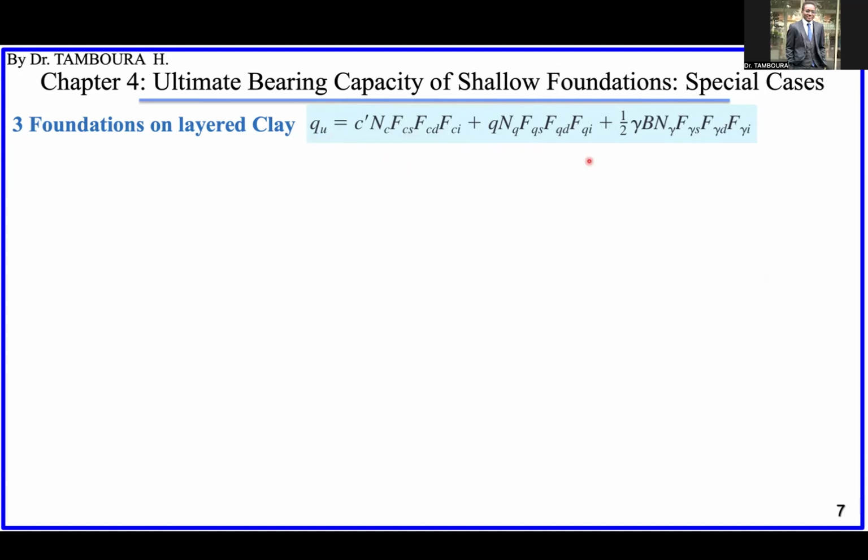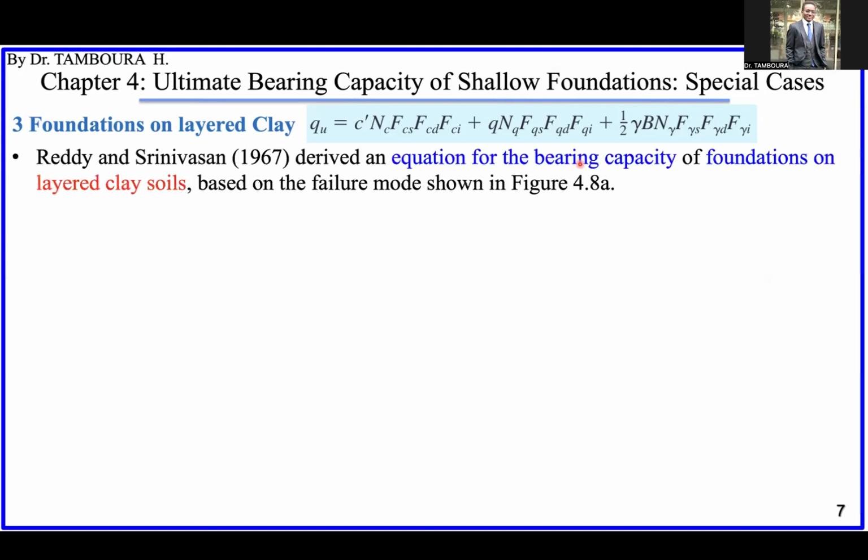In the previous video, I said many times that this equation applies only when we have uniform ground, when the soil is uniform, or at least uniform up to very considerable depths.